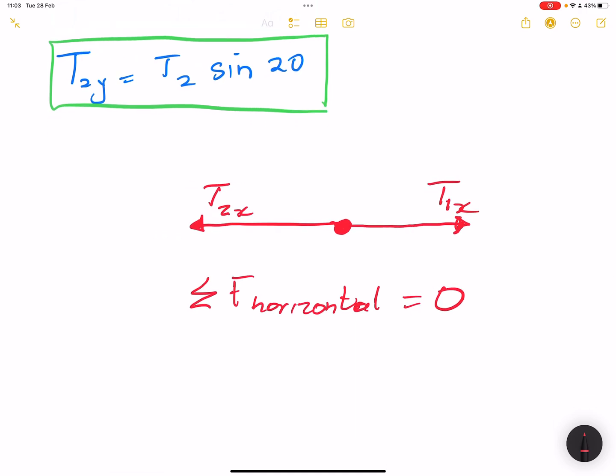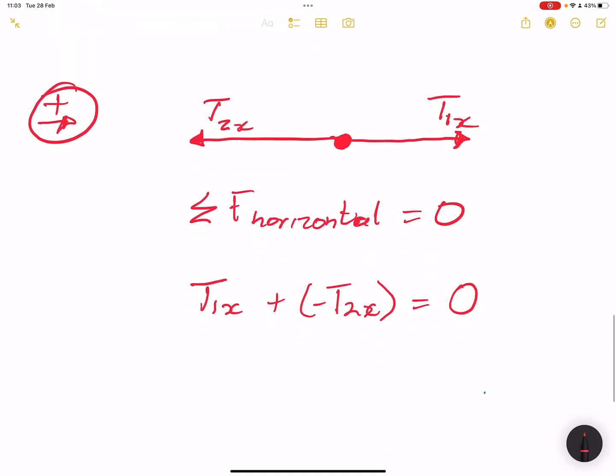It doesn't matter which direction you take as positive. Let's take the direction to the right as positive. So T1x plus a negative T2x is equal to 0. Now T1x, remember, is T1 cos 40, minus T2 cos 20, and this is equal to 0.